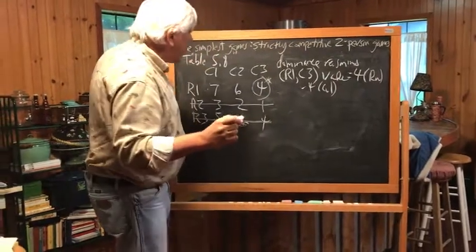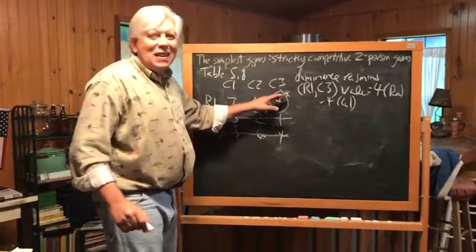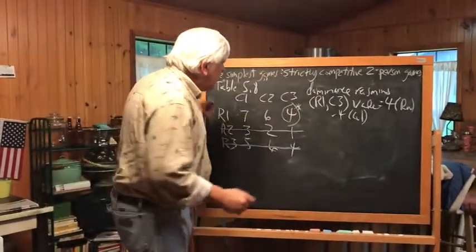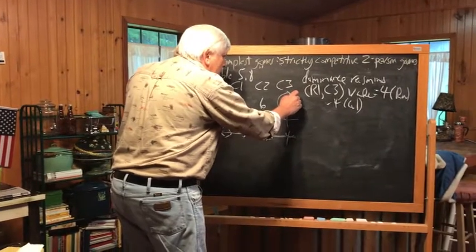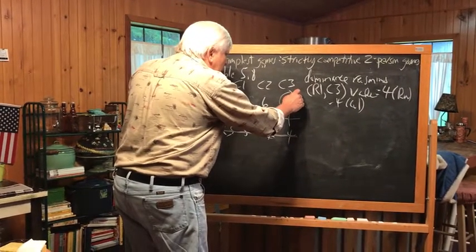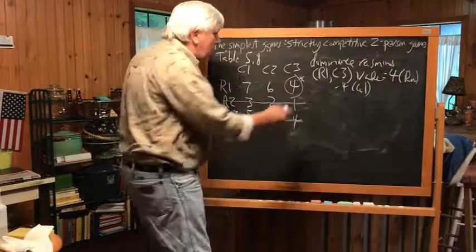Now notice something else about this particular point. This particular point is in Nash equilibrium, right? Because if the players hit this particular point, neither has any reason to unilaterally change their choice of strategies.